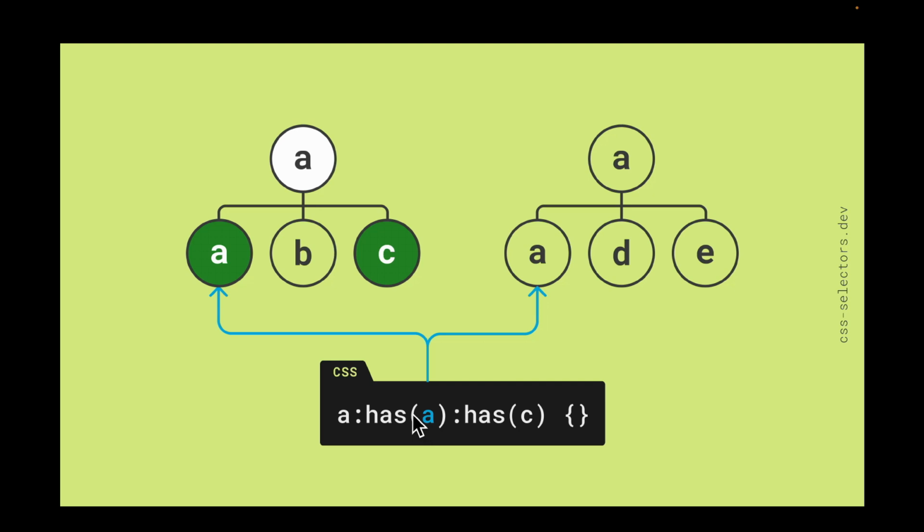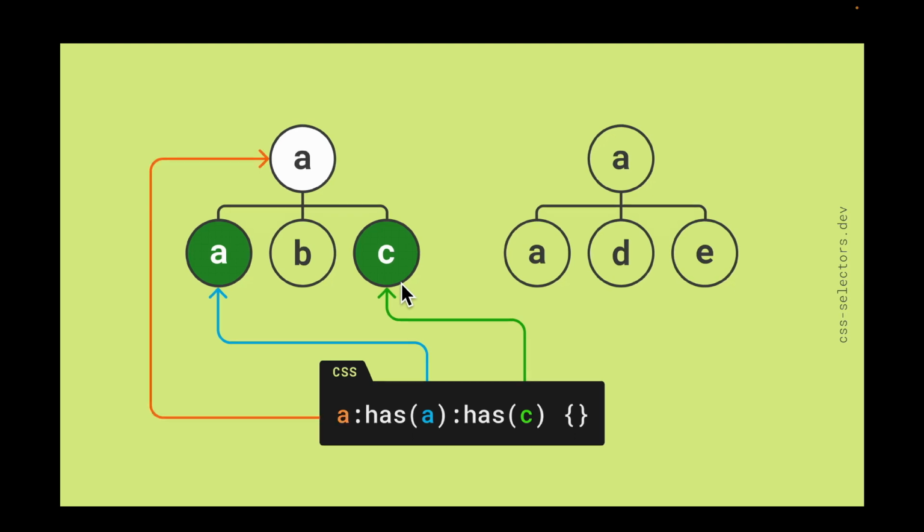The first has pseudo-class will check if it has the A element, like here. The next has pseudo-class checks if it has the C element, like this one. Finally, it will select the A element which contains both A and C elements as child elements.